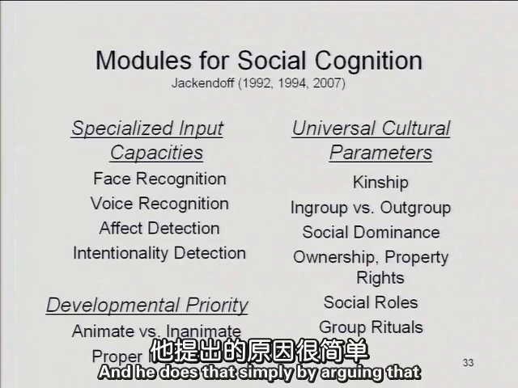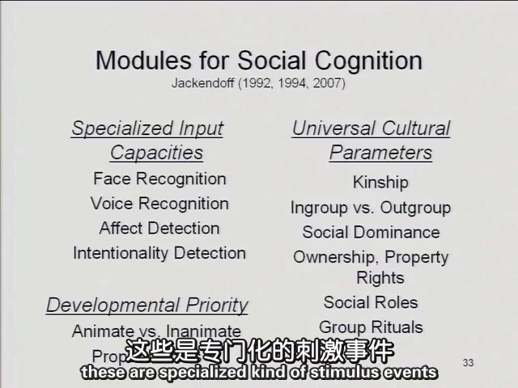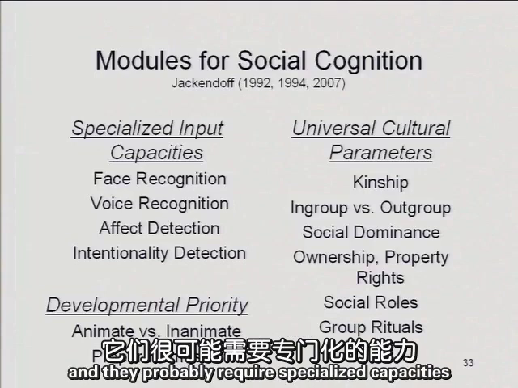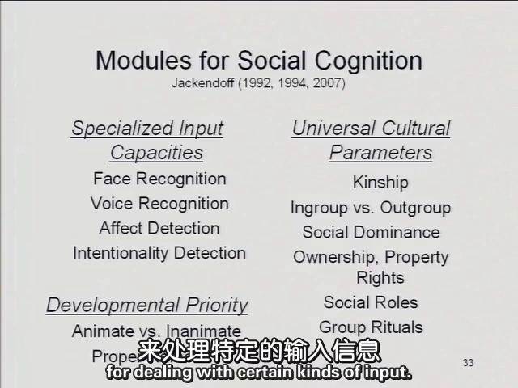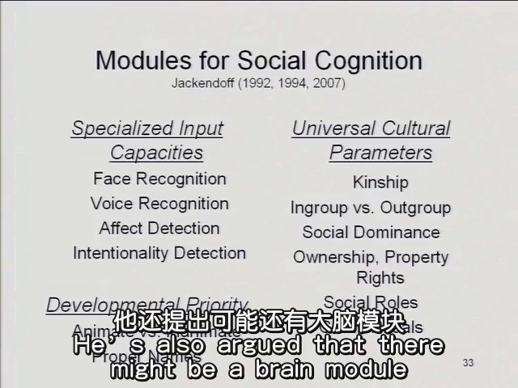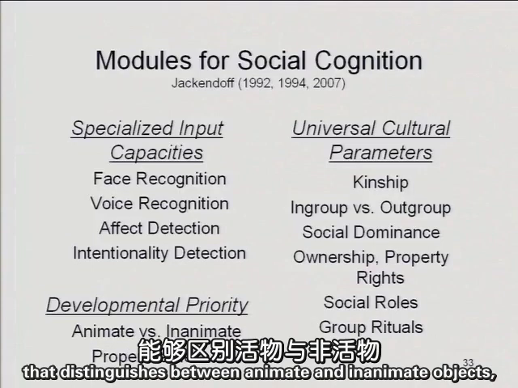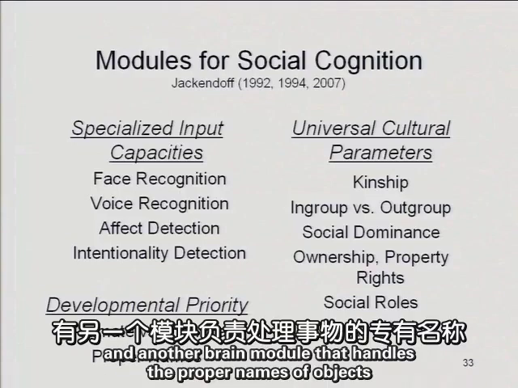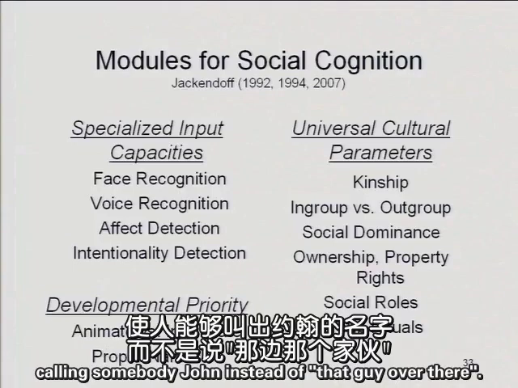And he does that simply by arguing that these are specialized kinds of stimulus events, and they probably require specialized capacities for dealing with certain kinds of input. He's also argued that there might be a brain module that distinguishes between animate and inanimate objects, and another brain module that handles the proper names of objects, calling somebody John instead of that guy over there.